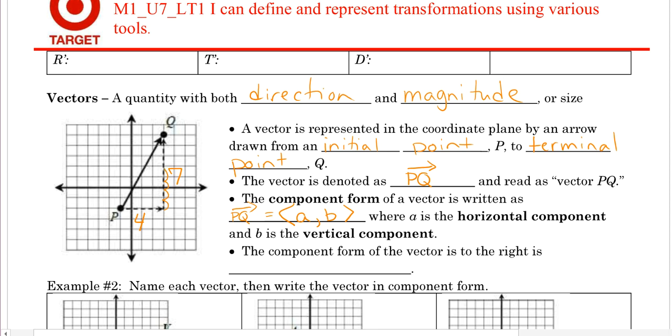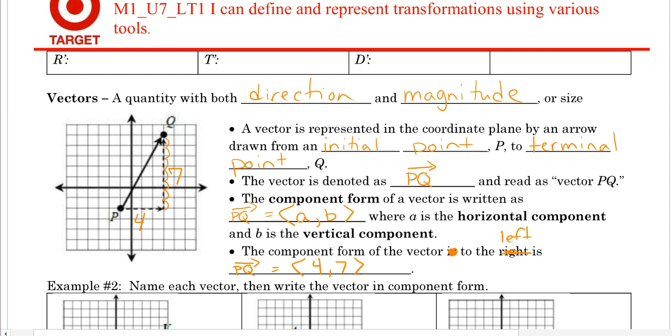So 1, 2, 3, 4, 5, 6, 7. And same with our horizontal component. So the component form of the vector to the left, vector PQ, is equal to 4, 7.